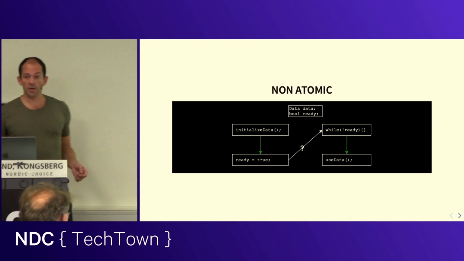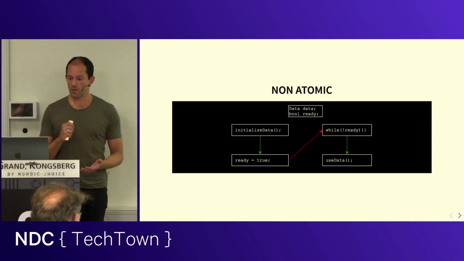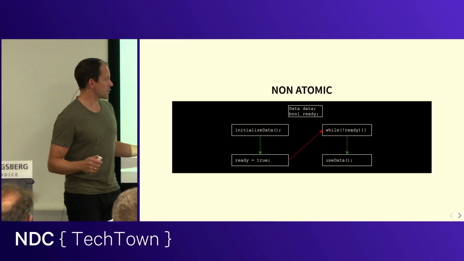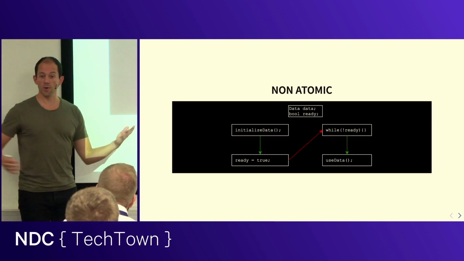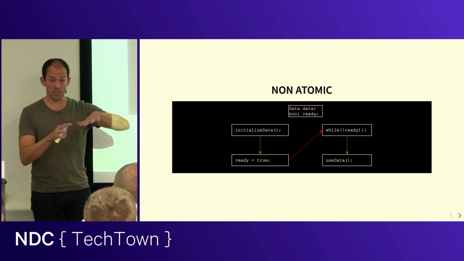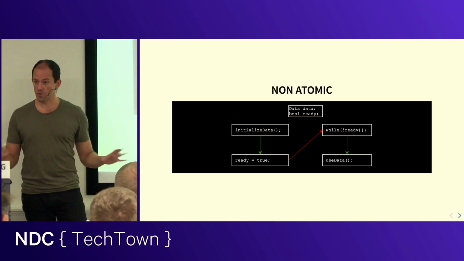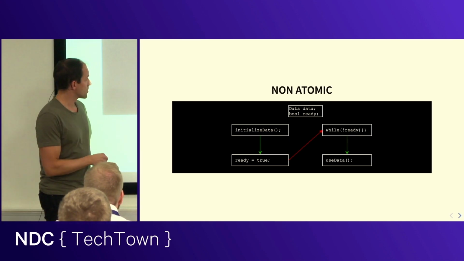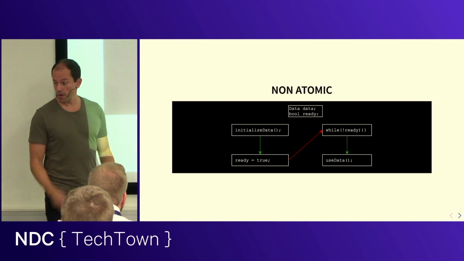So for this example, where ready is not atomic, the arrow is red. There is nothing saying, and that's the default. Stuff just happens. There's no happens before relationship unless you can point to somewhere saying, well, this one is actually imposing some sort of order. Otherwise, order between threads is, I don't know. So in this case, there is no happens before.